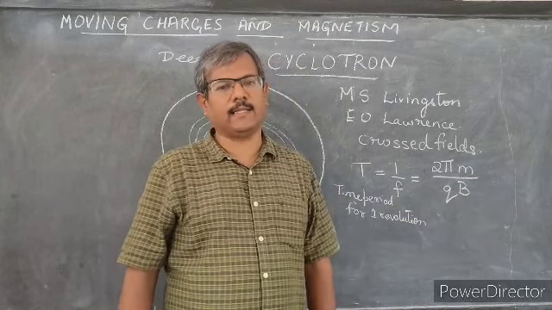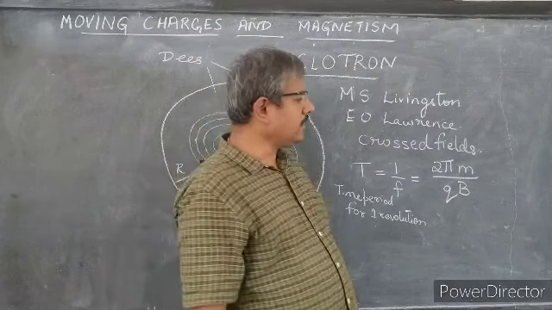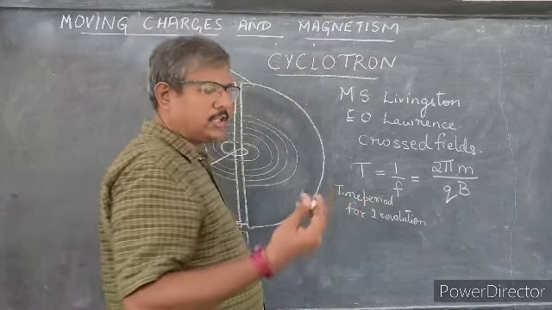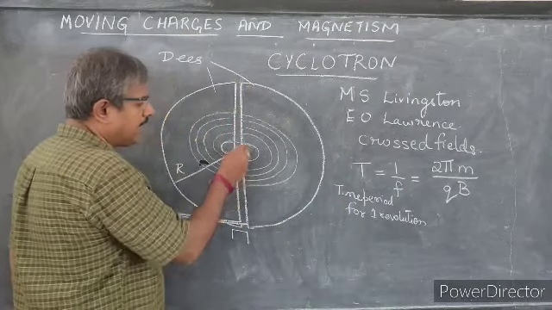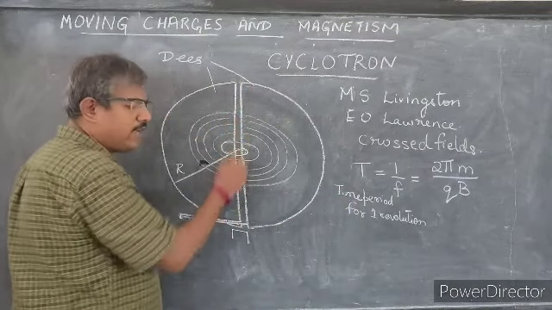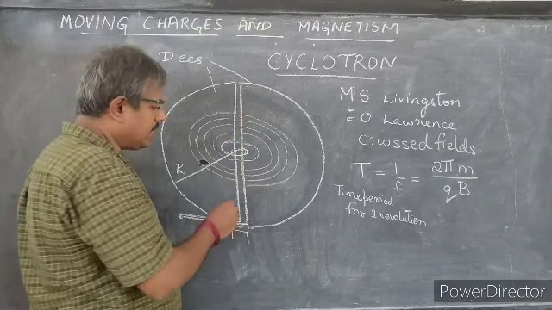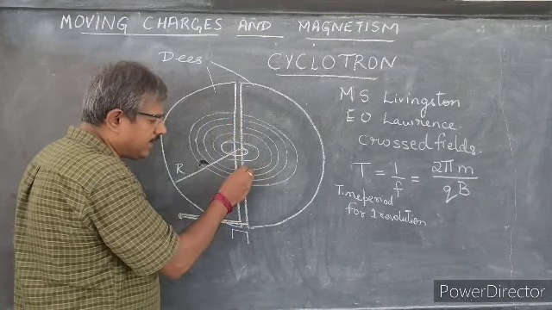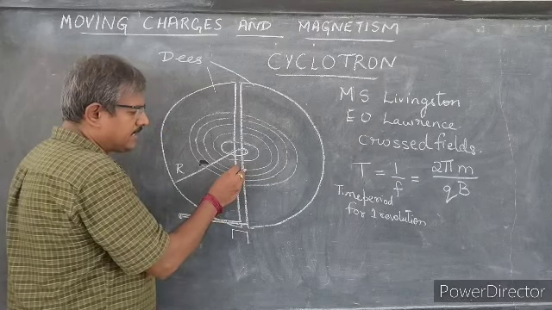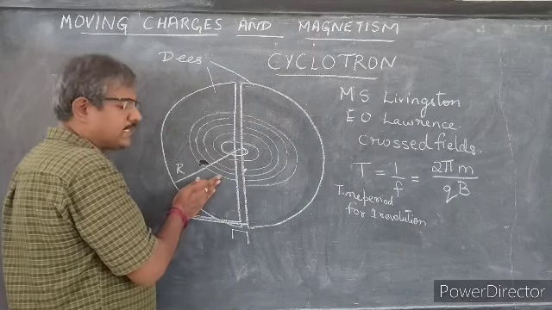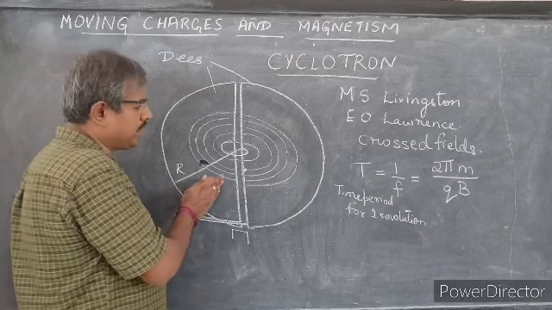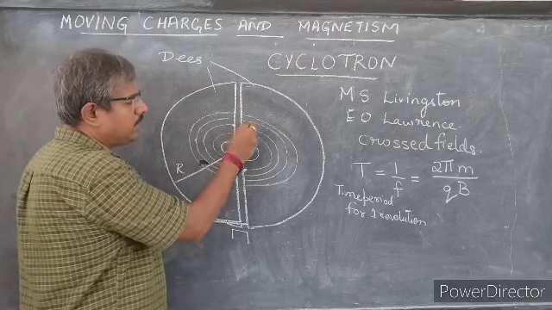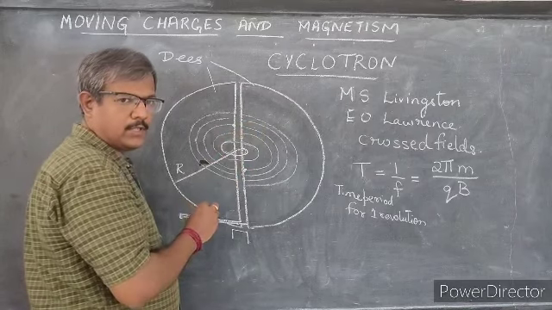The other thing that you will also see is that I was talking to you about the fact that an electric field is applied at the interface of these two Ds. Now I said the electric field applied at this point, when the particle is over here, is such that this particular plate is at a lower electric potential, and when the particle arrives at this point, this plate will be at a lower potential.